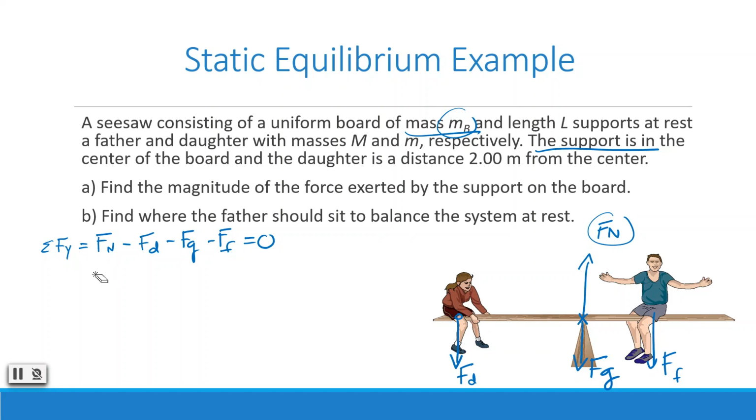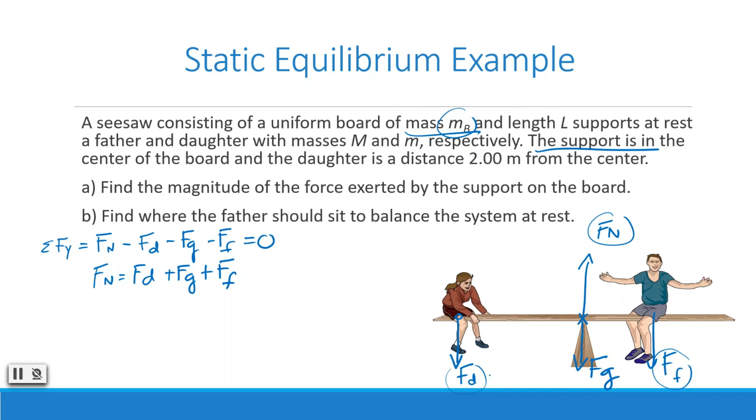So my normal force here would have to equal the force of the daughter plus the gravitational force plus the force of the father. Now, technically, these forces here are not gravitational forces, because gravitational forces are the earth on the daughter. But because we're in equilibrium, the gravitational force of the earth on the daughter has to equal the force of the board pushing the daughter back up.